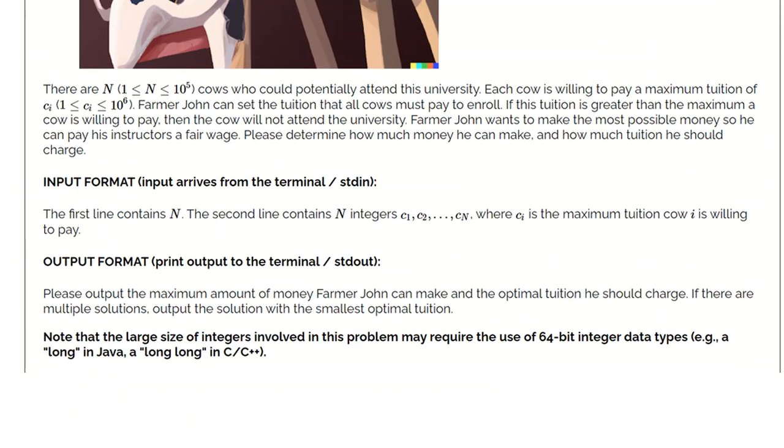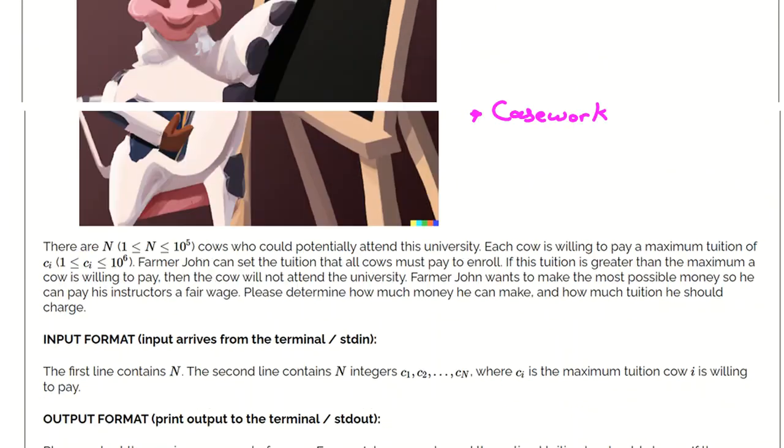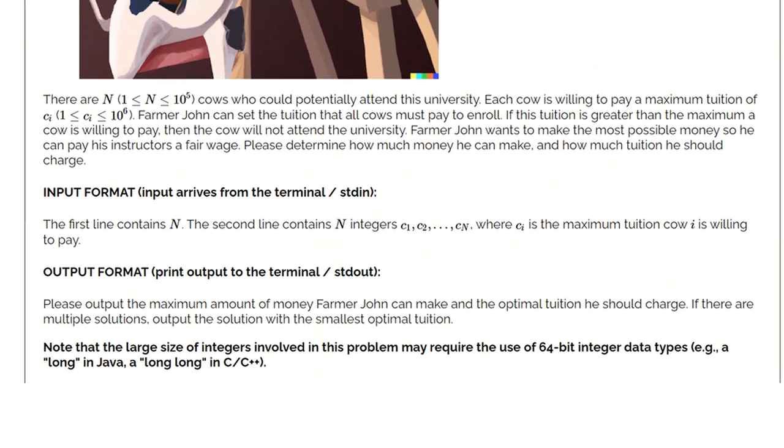Okay, and here the sample input is what? The first line contains n, the second line contains integers c1 to cn, where ci is the maximum tuition cow i is willing to pay, and the output is this. So read the problem first on your own to understand what the problem is. Pause the video and read it.